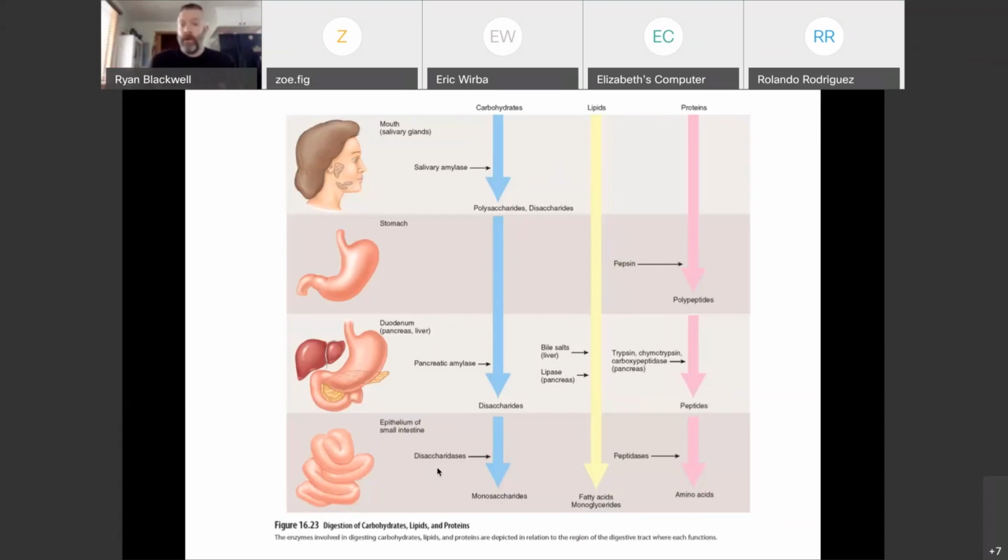One molecule of sucrose is actually one glucose group attached to a fructose group. If that gets absorbed through your intestinal wall, enzymes in the epithelium of that wall will break that apart, separating the glucose from the fructose. That's an example of these brush border enzymes.